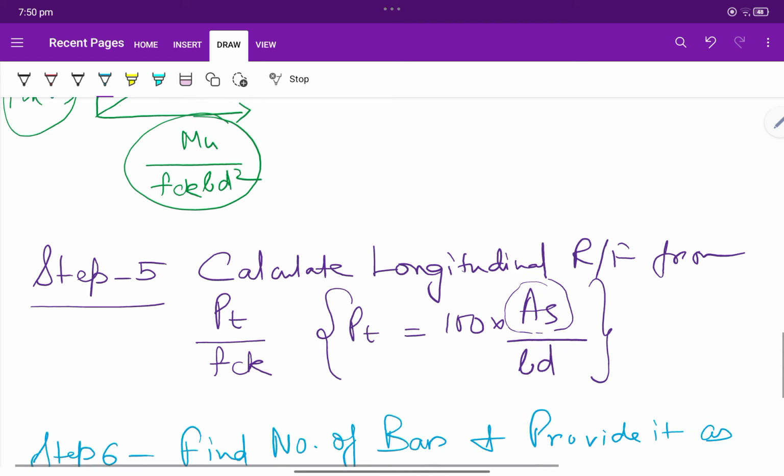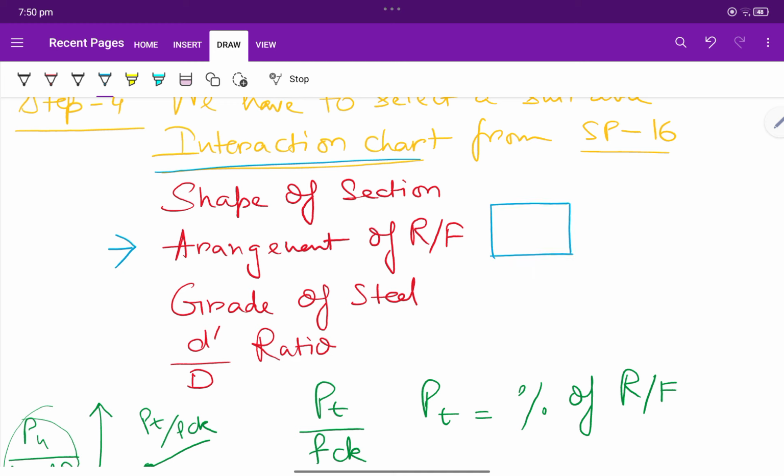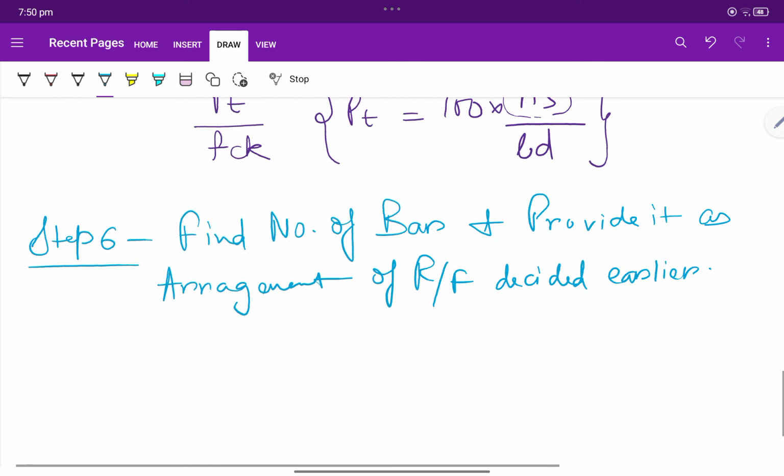Means, see here, the interaction chart has been chosen on which condition, the arrangement of reinforcement. Means, if you have chosen that the arrangement of the column will be on all 4 faces, this face, this face, this face, and this face, then you have to provide the number of bars as such.